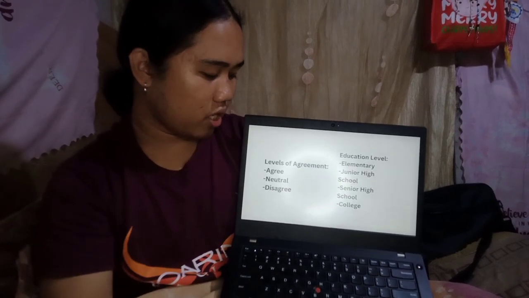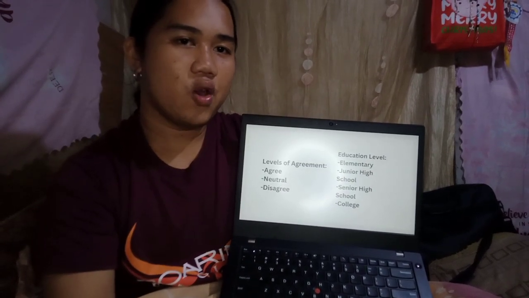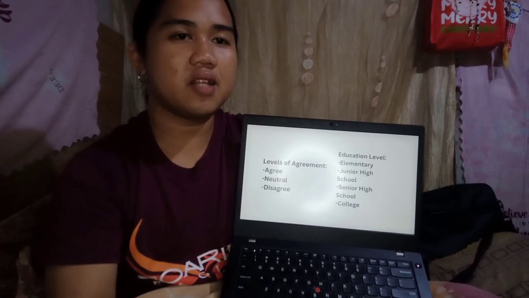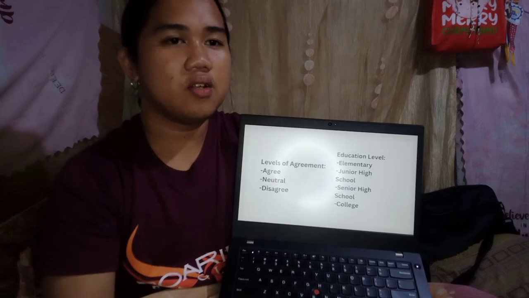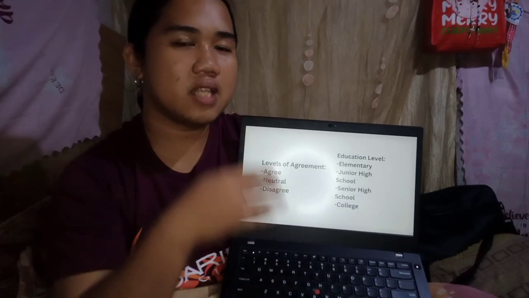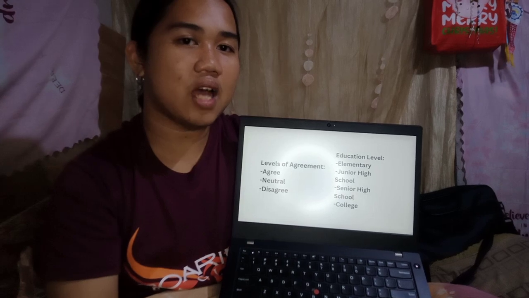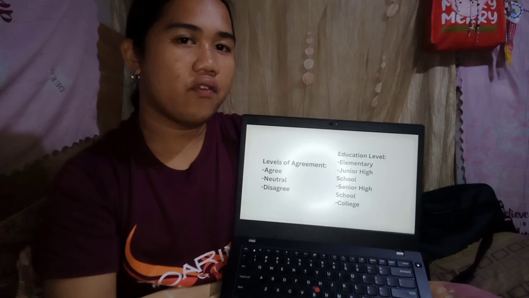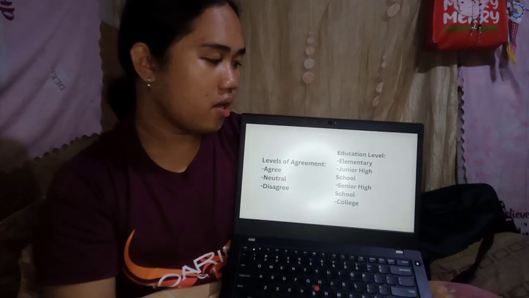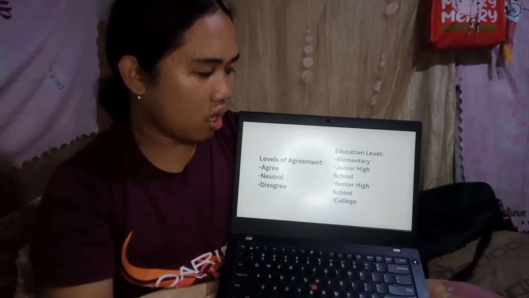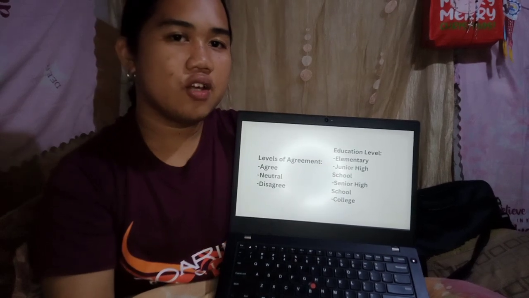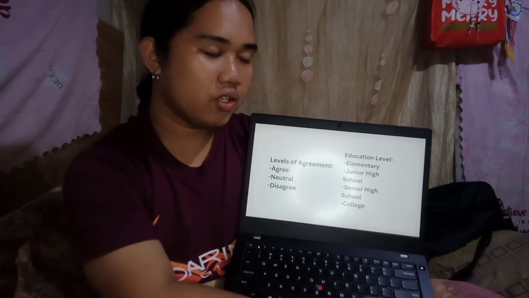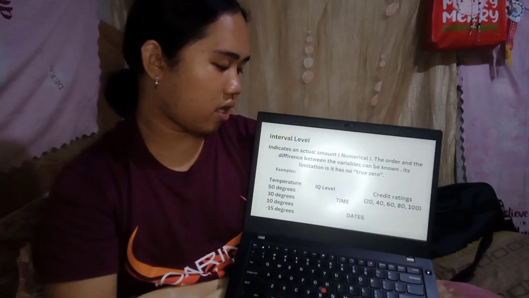Our fourth example here is the level of agreement, whether you agree or are neutral or disagree with a statement or with an article, or a statement of a person that you heard. And the last example for ordinal is the education level, which has here the elementary, junior high school, senior high school, and college.